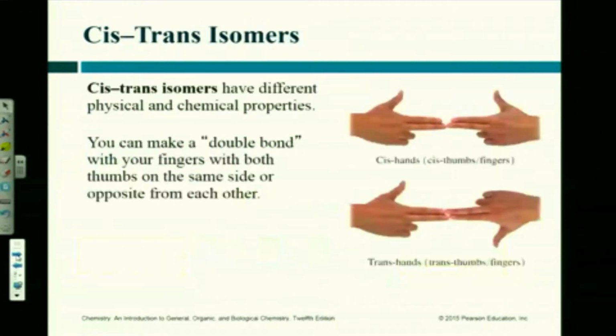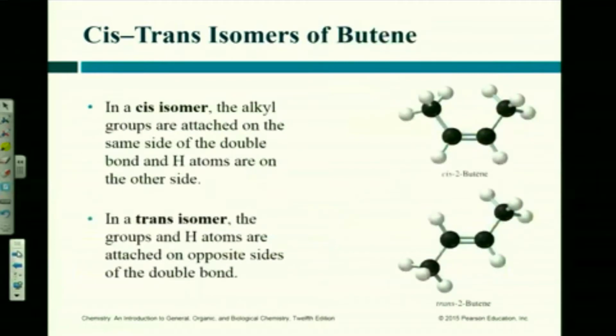And let's look at another example. This is the simplest molecule that can have cis and trans, and I'm going to show you why. So this is 2-butene. Let's look at 1-butene. I'm going to go back one.